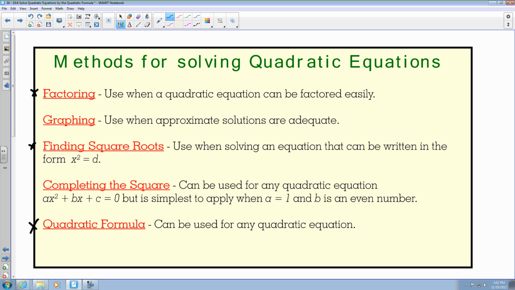But for the most part, we're looking for a little more of an exact value, and that's where you get into trouble when using graphs, unless you have some type of graphing calculator or graphing software on a computer. That's when it would be more accommodating, I guess. But usually the three that I marked will more than likely be the ones you'll use to solve quadratic equations.